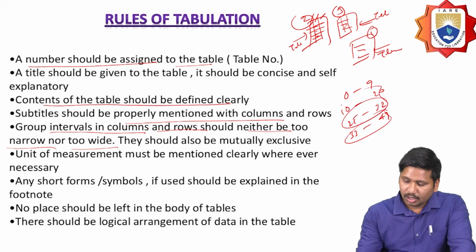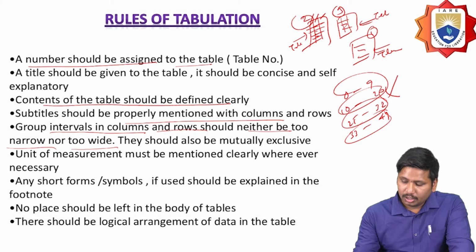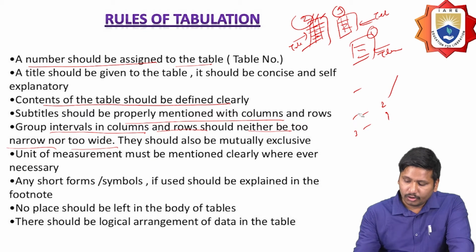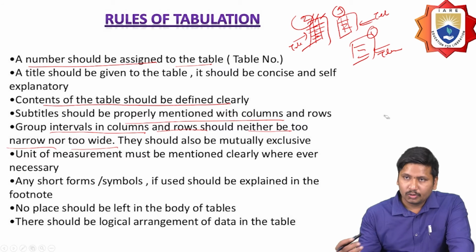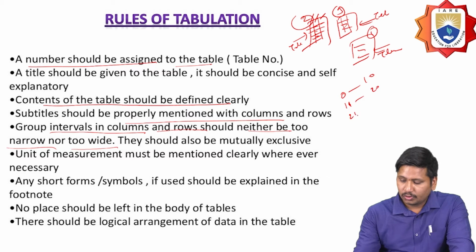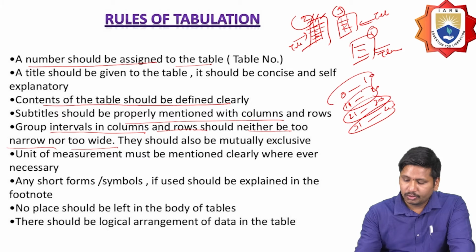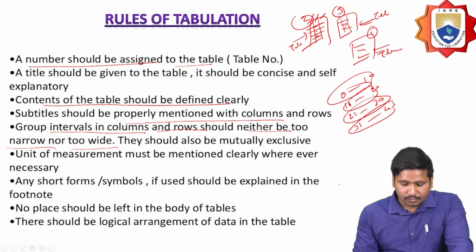This type of grouping should not be maintained. The grouping should be uniform, so that representing it in the form of tables or figures is very easy. Uniform means 0 to 10, then 11 to 20, 21 to 30, and 31 to 40. That uniform interval should be maintained clearly.